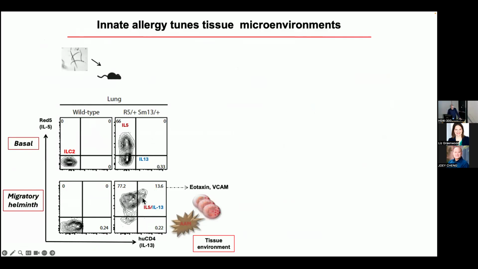But as soon as we perturbed the tissue, they made both 5 and 13 from the most activated cells. And that, we knew, 13 induced eotaxins from various stromal cells, fibroblasts in close proximity to ILC2s that Ari works on, and VCAM, the tethering molecule on the endothelium that's required for eosinophils to come to the tissue, that's lowering the blood eosinophil count. And you got alternatively activated macrophages. So they changed the tissue environment.